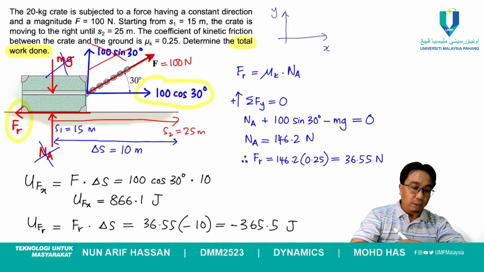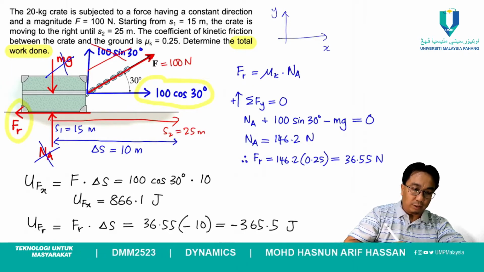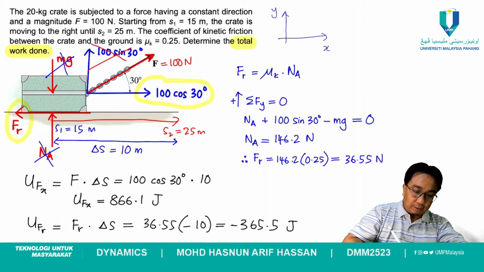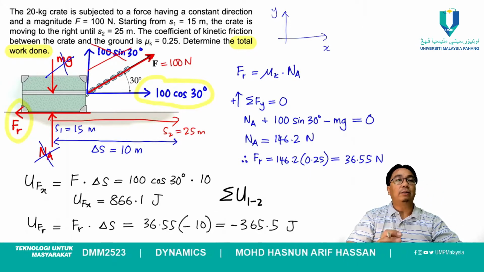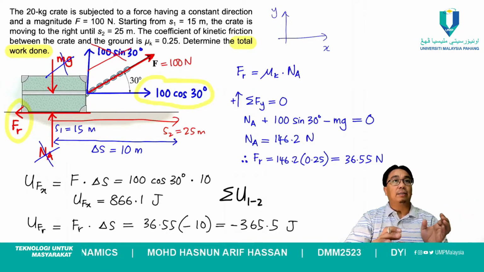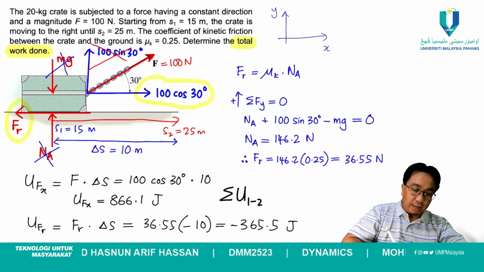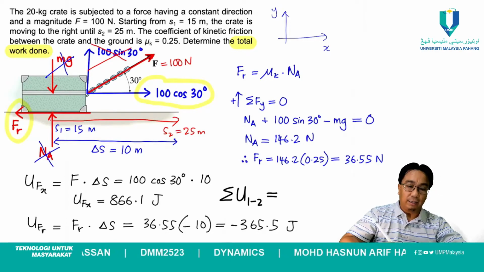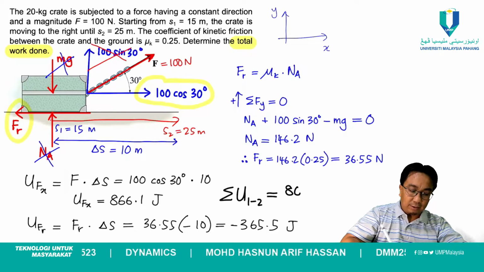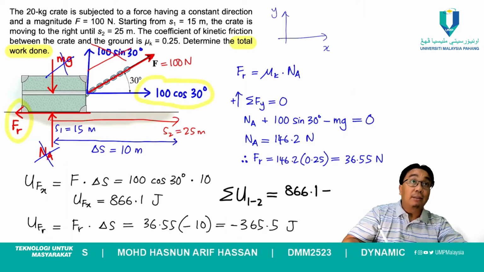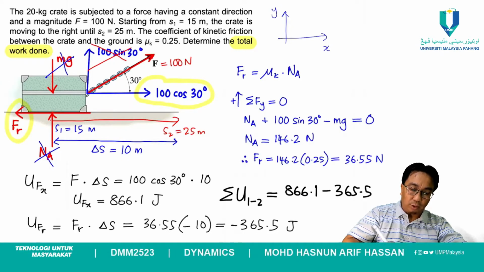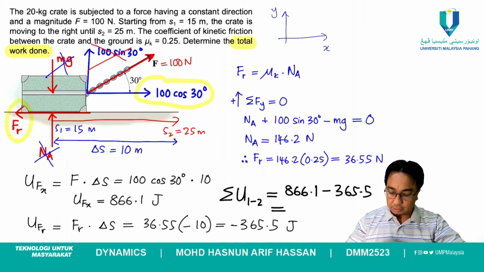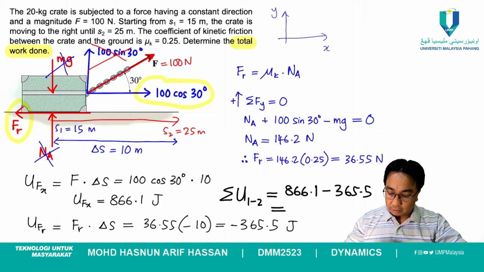So the total work done, we can write it as total U1 to 2, which means the total work done to move from position 1 to position 2. You sum up all the work done here. So it will be equal to 866.1 minus 365.5.